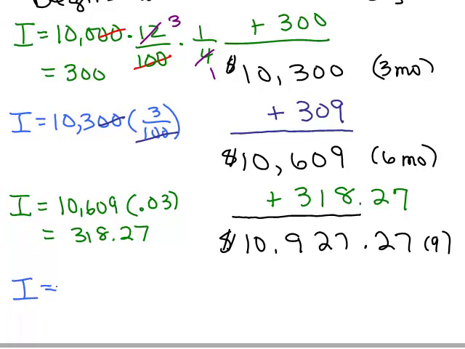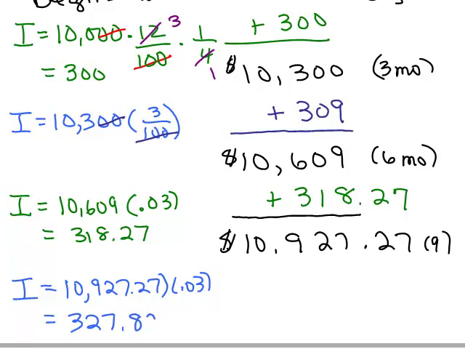So the amount of interest we're going to get the next 3 months, you get to take the principal, which is 10,927.27 times 0.03. And now at this point you definitely probably want to get out your calculator. You don't really need to, but you're going to have to round here. It's 327.82. So this could be done without a calculator.